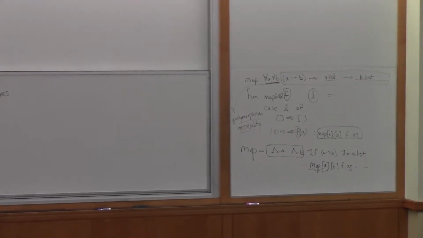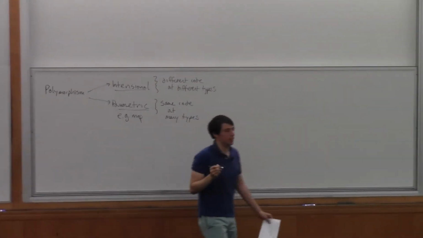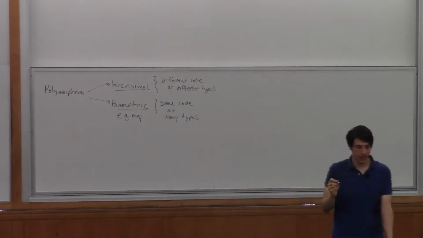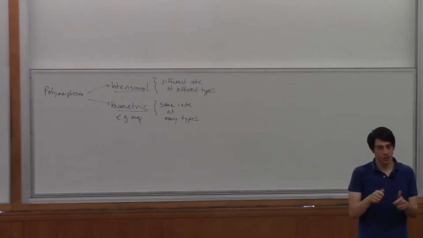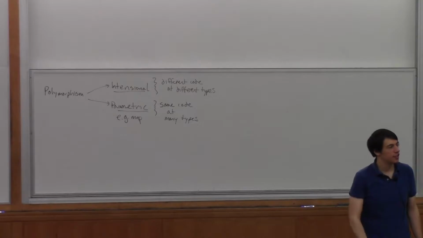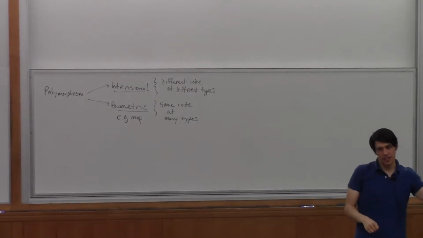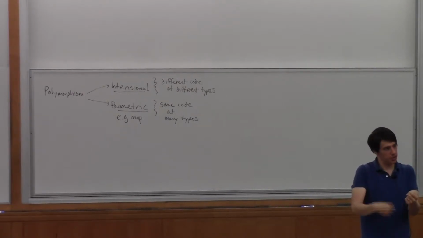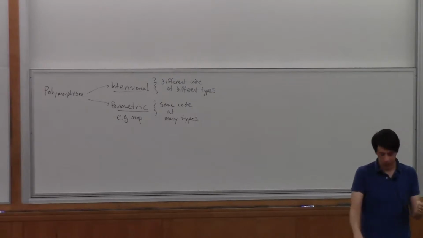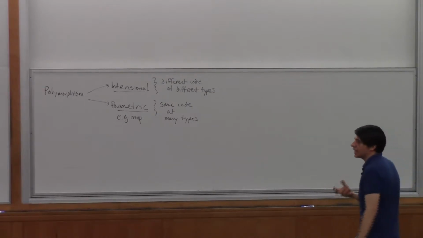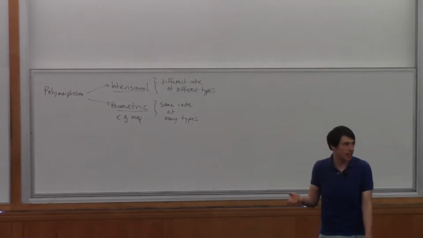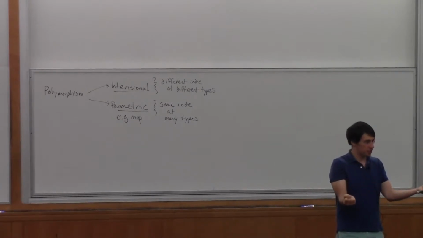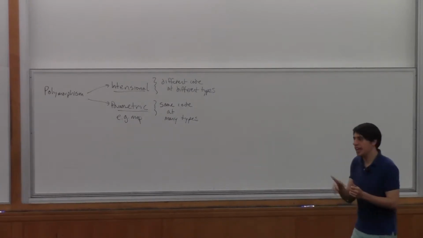If you want an example of intentional polymorphism, that would be something like you write a function that works for many different types, and that function says, suppose the type is int. In that case, I'm going to do this. Suppose the type is string. In that case, I'm going to do that. Okay? So there you would need some sort of way to case analyze a type at runtime in order to make those distinctions.